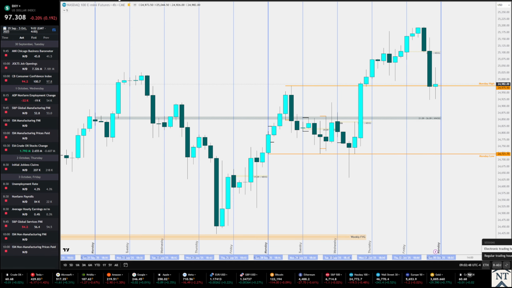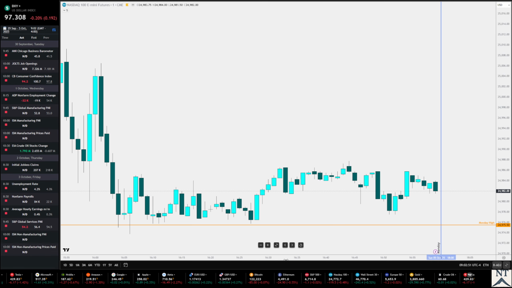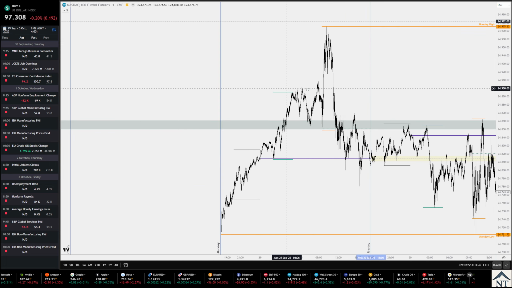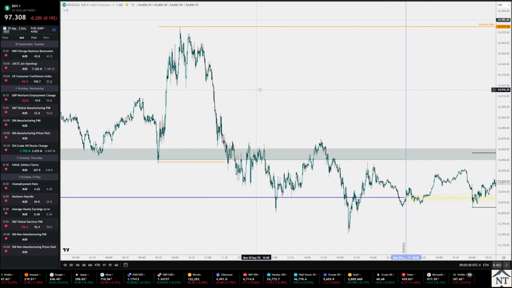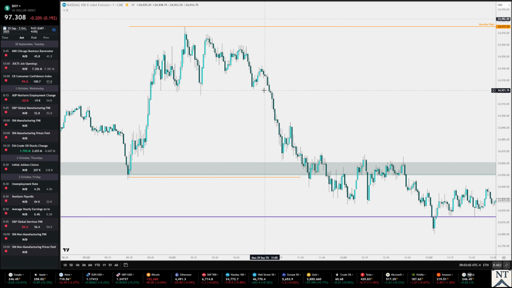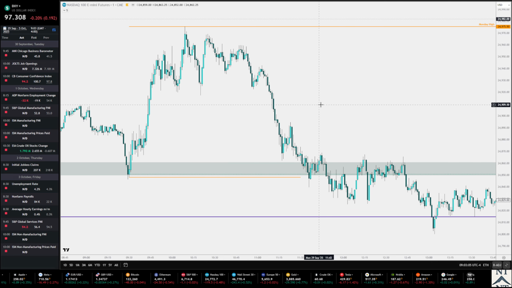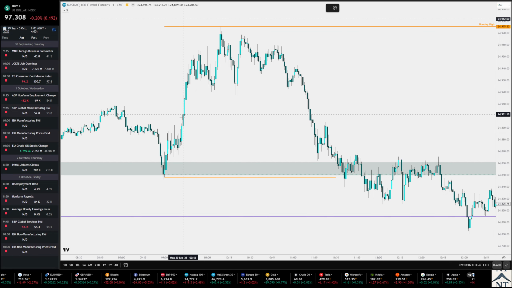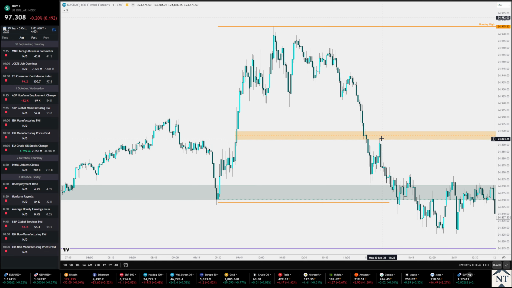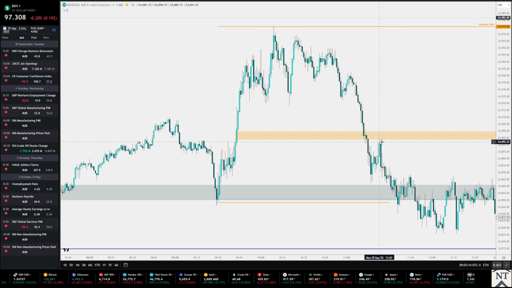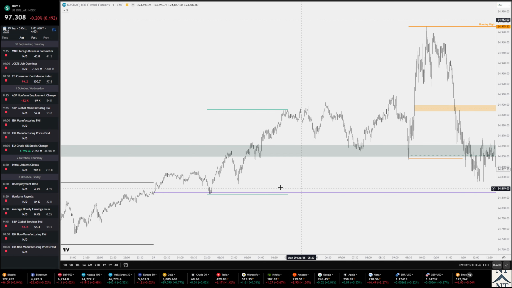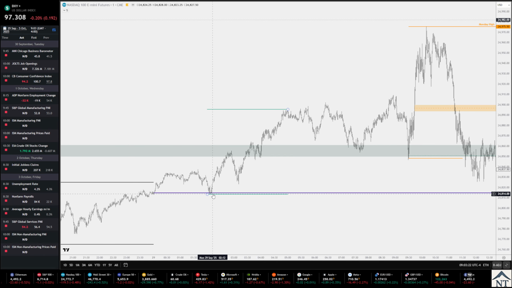If we go on the low time frame chart, the 1 minute, we can see that around 11 a.m. we start diving lower, and if this is the first presented fair value gap, we have a very good opportunity of shorting here, targeting this New York midnight open and London low.